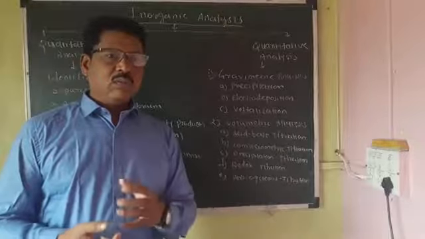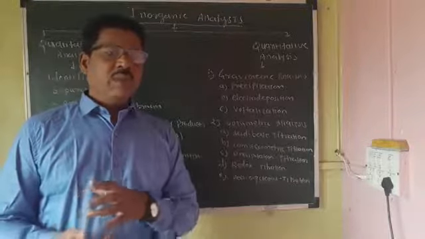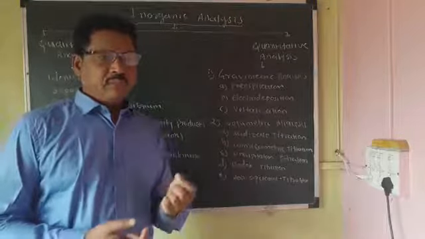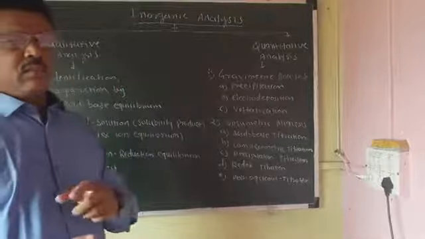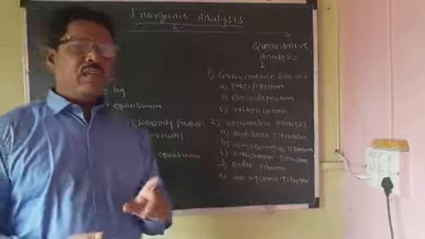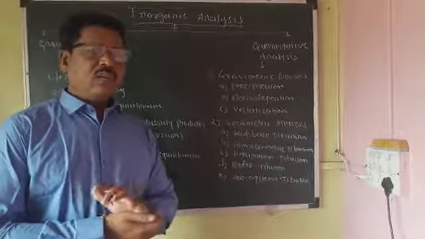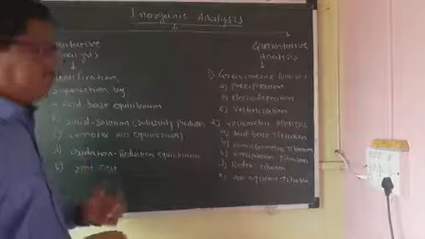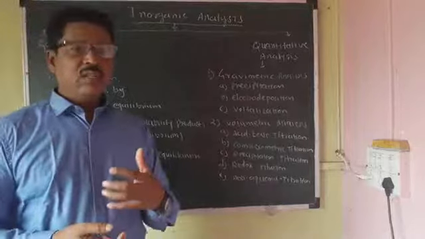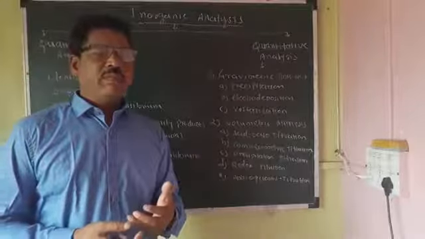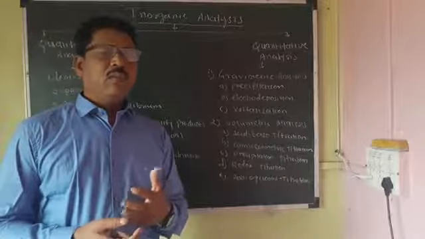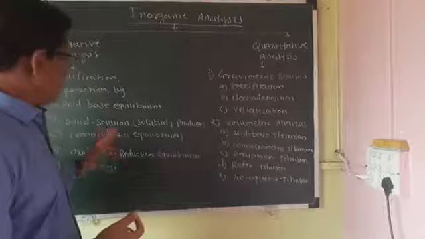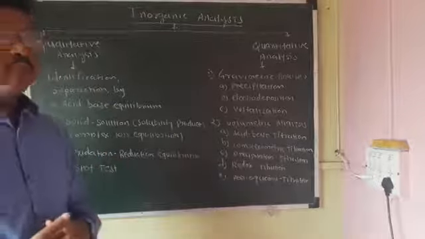When you use paper chromatography, you can use the cations and their precipitating agents like inorganic as well as organic reagents. In spot test, you get the precipitate as well as the color of the solution, and therefore this is known as qualitative analysis.